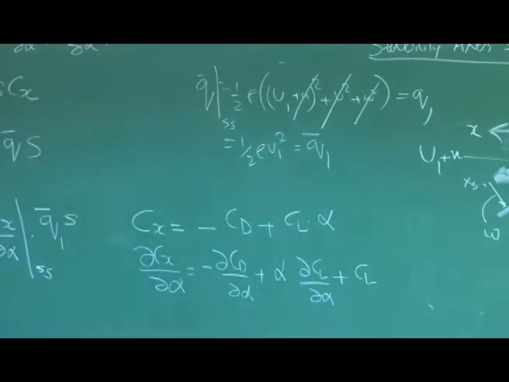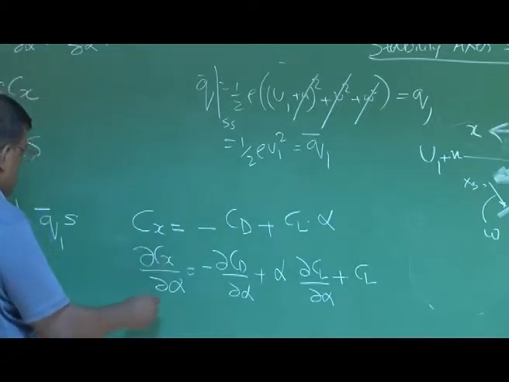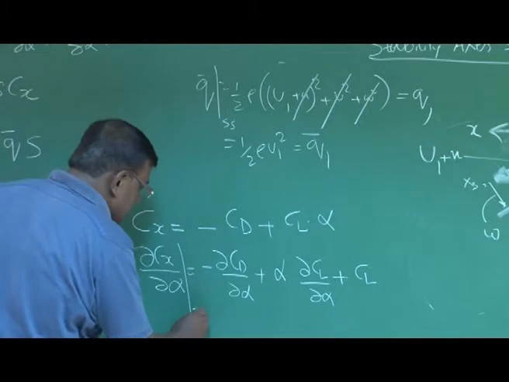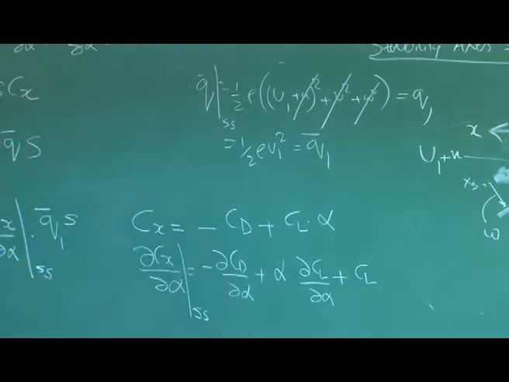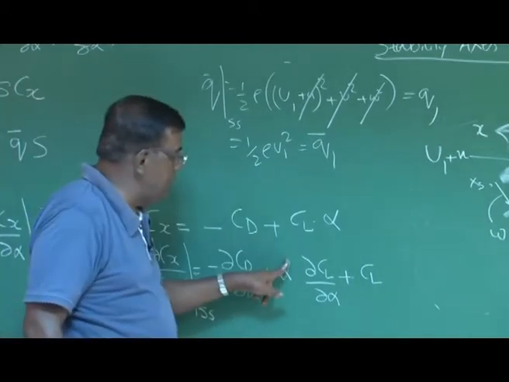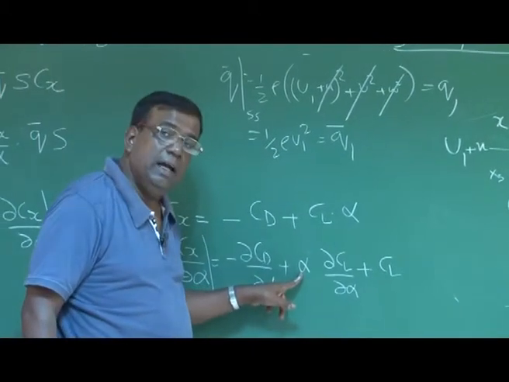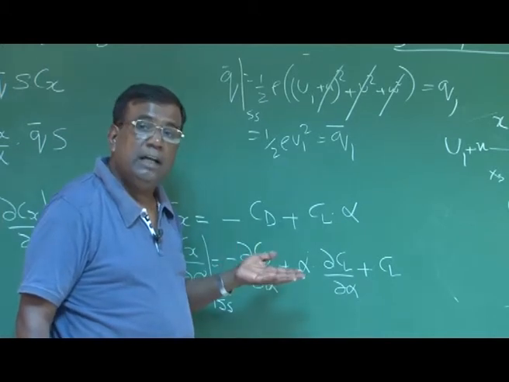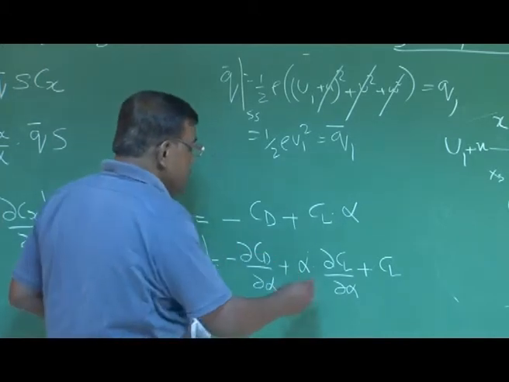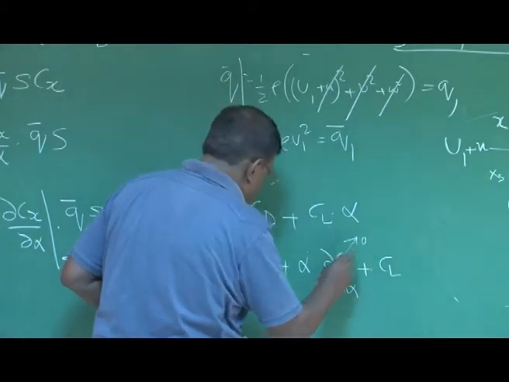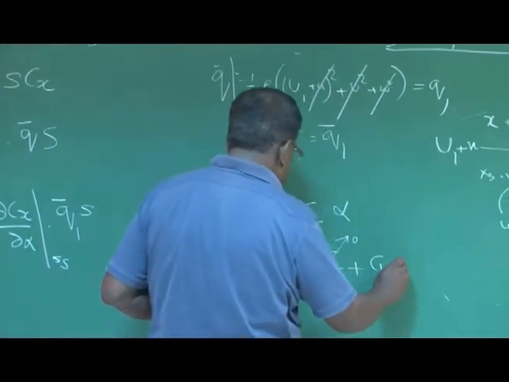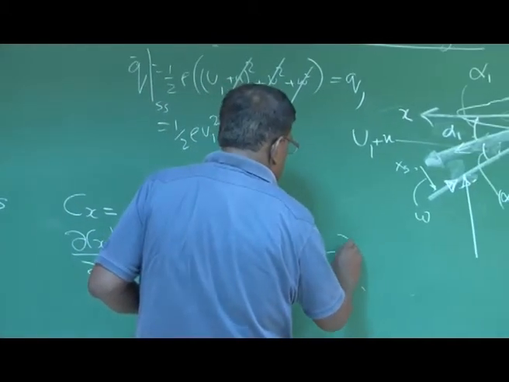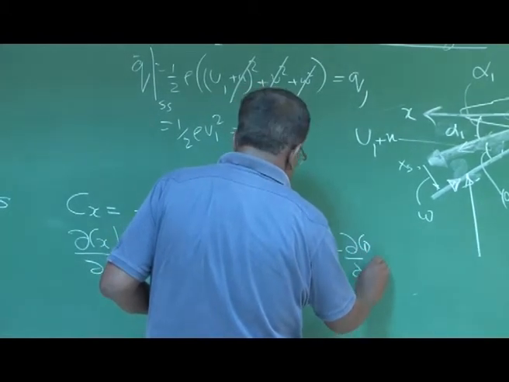This is clear? Now tell me, what do you want to find out? We want to find out dCx by d alpha at steady state. So how will this right hand side get modified? Before doing that, let us ask ourselves, what is this alpha? Alpha is the perturbed angle of attack. So when I am evaluating at steady state, the perturbed angle of attack is 0. So this term goes off.